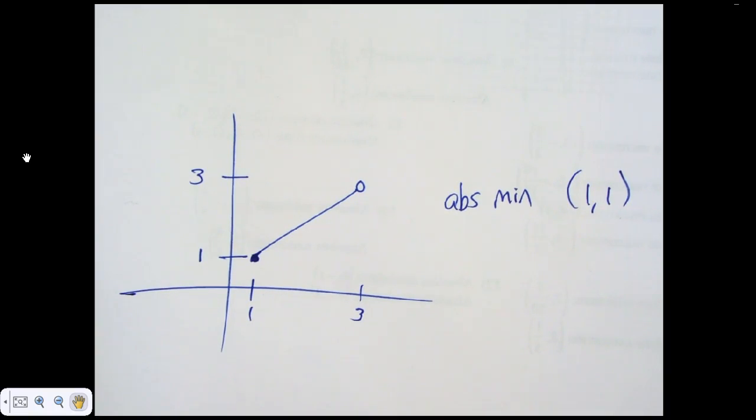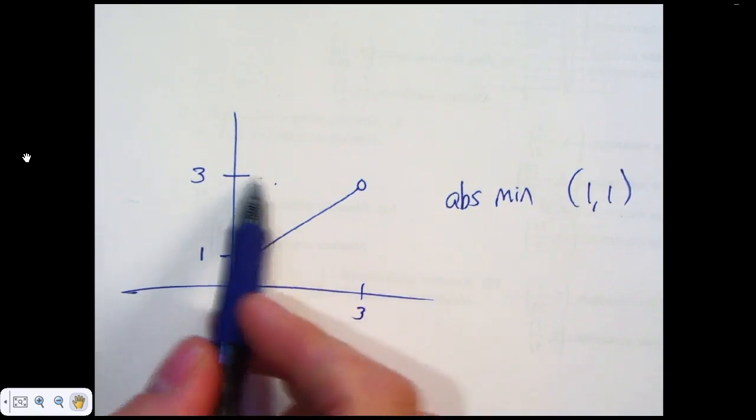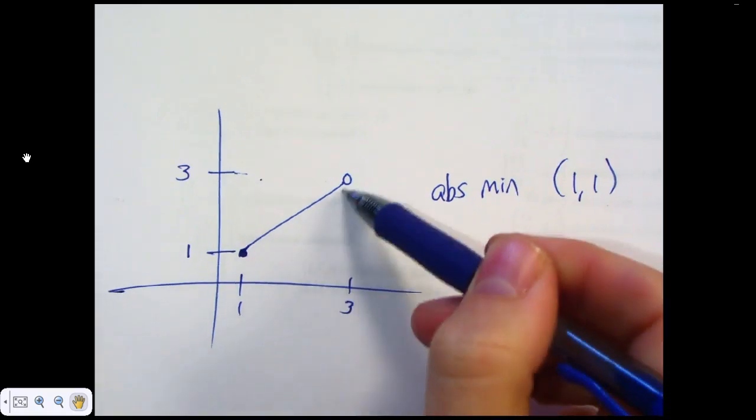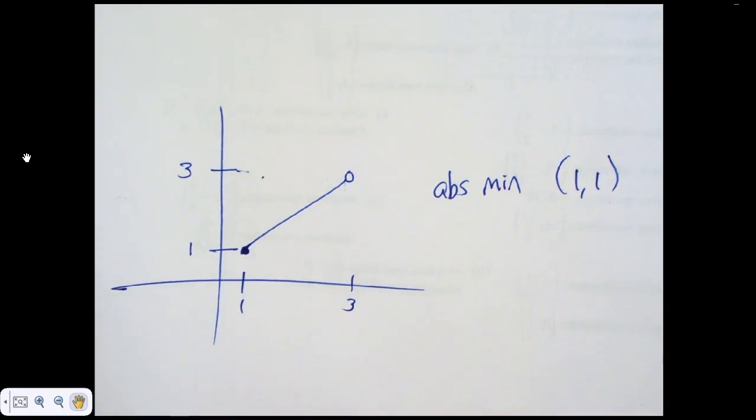What's the highest y value on this graph? Does it touch 3? If I need to say this is the actual highest y value on this graph, what would I say? So it doesn't get to 3, right? So at first you're kind of like, oh, about 2.99. Because it goes all the way up to 3, but it never touches that 3.